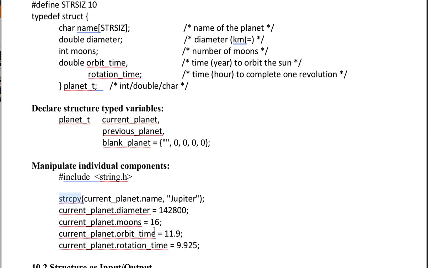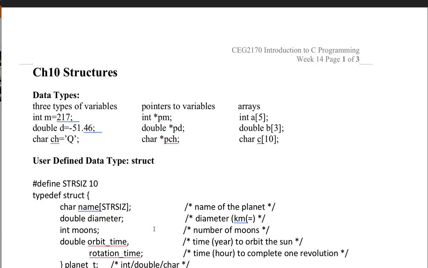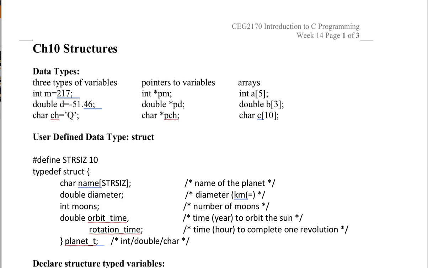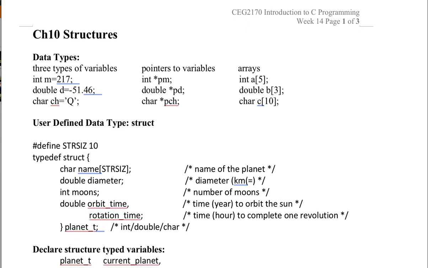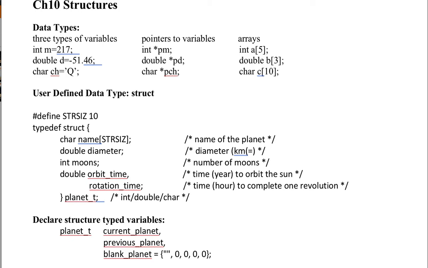So this time, it is really the discussion of structure. Structure goes a little beyond all the data types so far we covered in class: int, double, character, pointers, and arrays. A structure is a user-defined type such that you have all the information combined in a simple way, in a single unit.